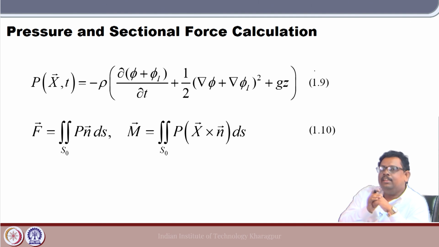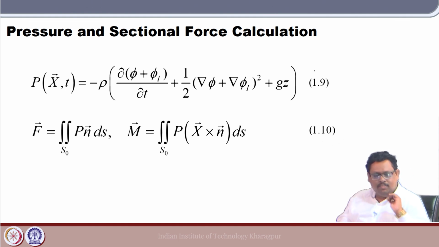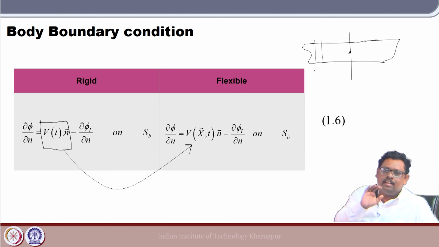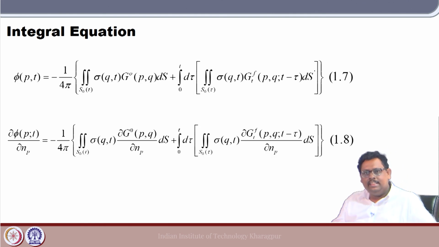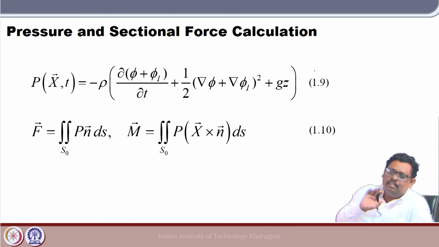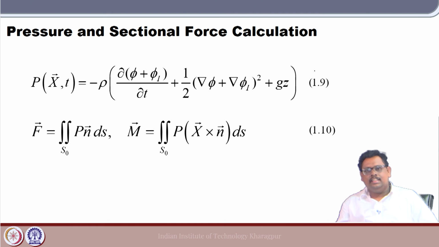So, 1.10 also we need to change a little bit. So, now we understand that it is almost the same code, the only thing is that for this body boundary condition we should be very careful where to put 1.6, and how to incorporate 1.10 to get the sectional force. Those things we are definitely going to discuss in detail in a later class.